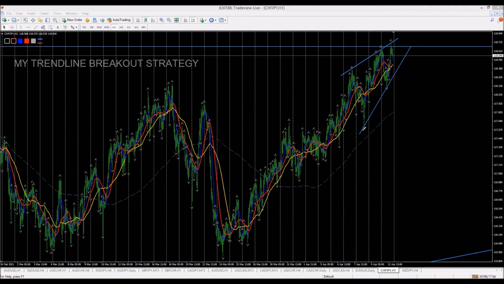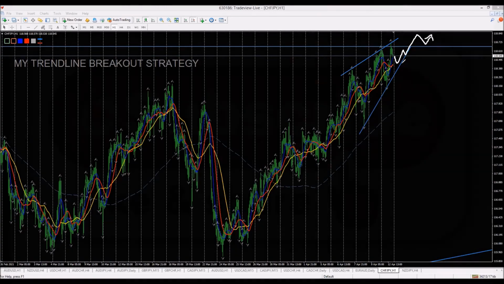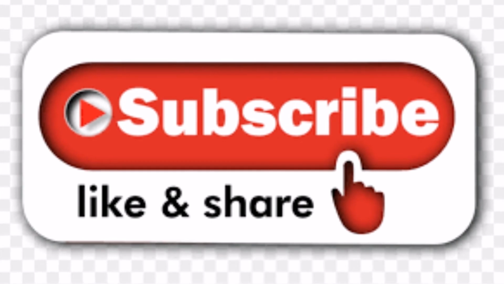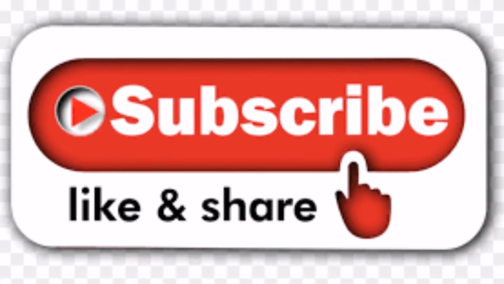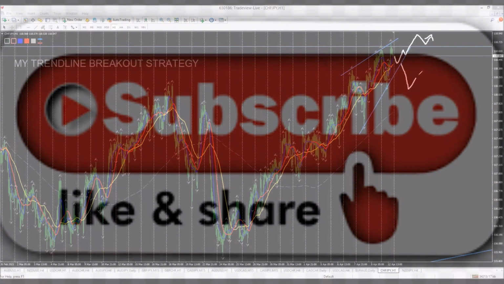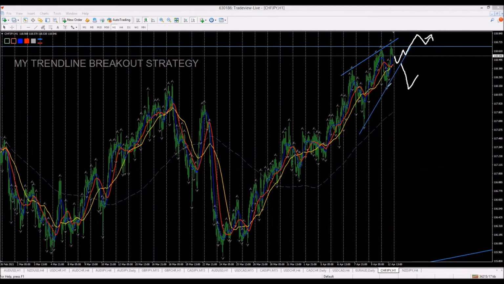And here's the trend line. So if we get this, right? Our thoughts are we're going up. If, however, we get this, our thoughts are we're going down.